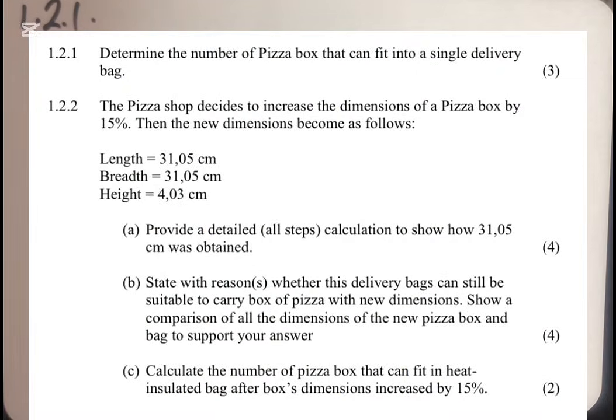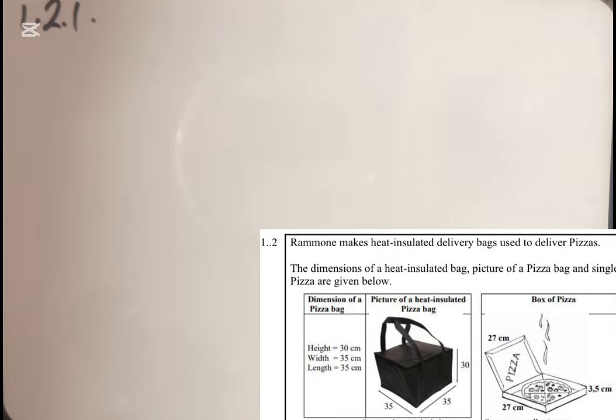1.2.1. Determine the number of pizza boxes that can fit into a single delivery. You should not forget, single delivery means one bag. So we're going to calculate the number of pizza boxes that can be contained inside one bag.